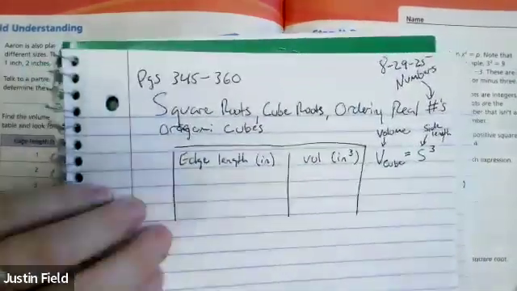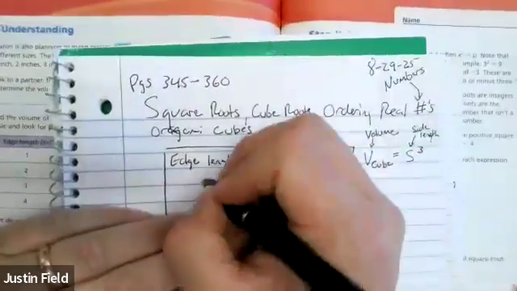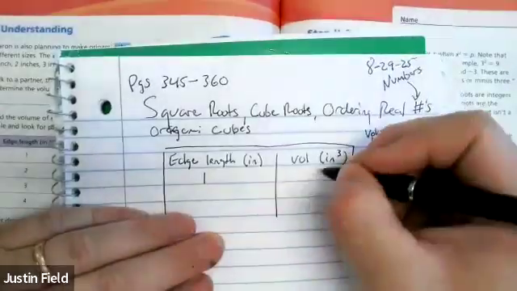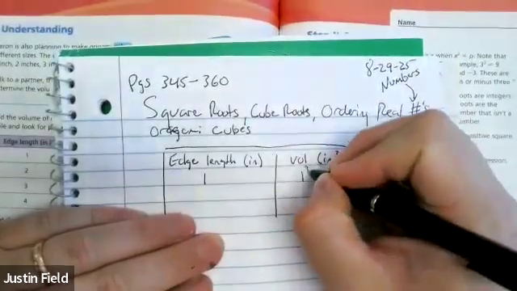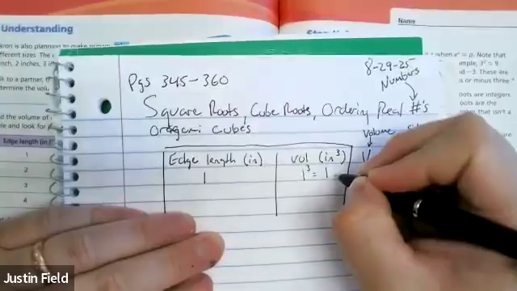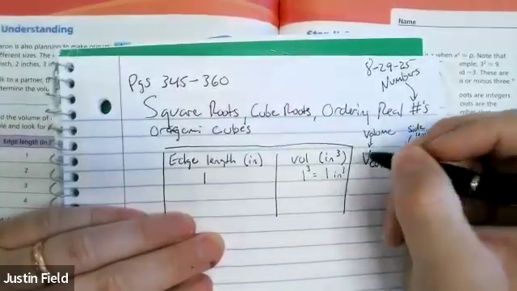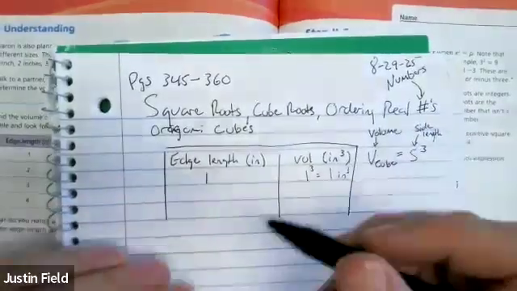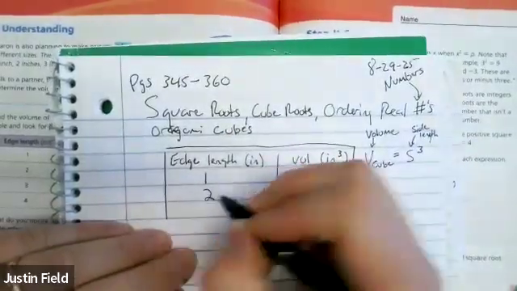So if the side length, or the edge length, same thing, is 1 inch, then the volume is going to be 1 to the third, which is also 1 inch cubed. We don't even have to write the inch cubed though, because it is given an inch cube. So I'm not going to write it for the next one.